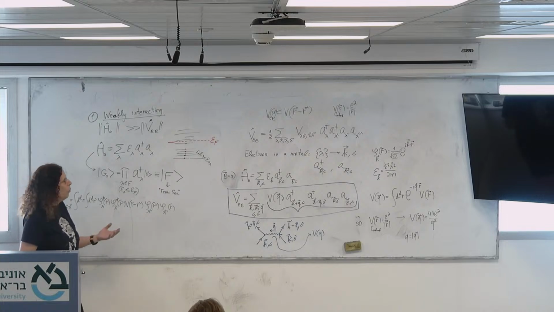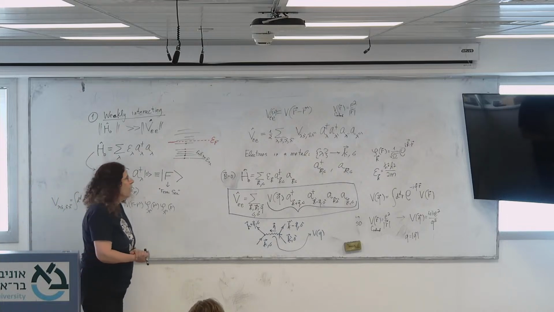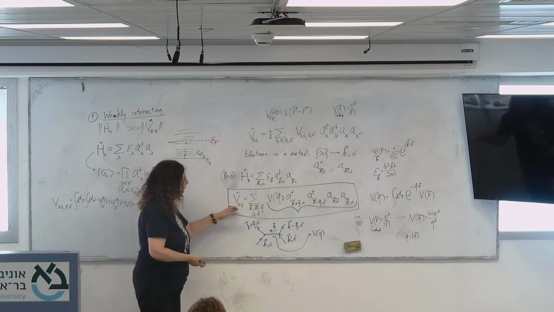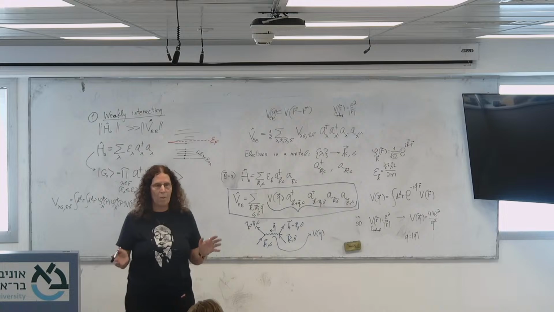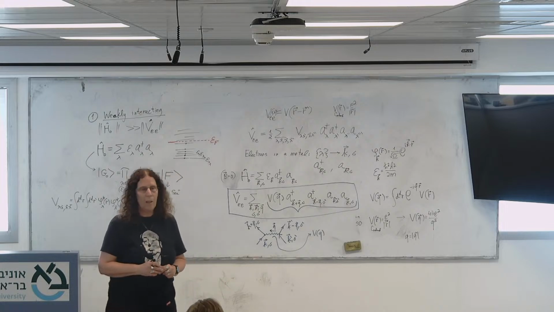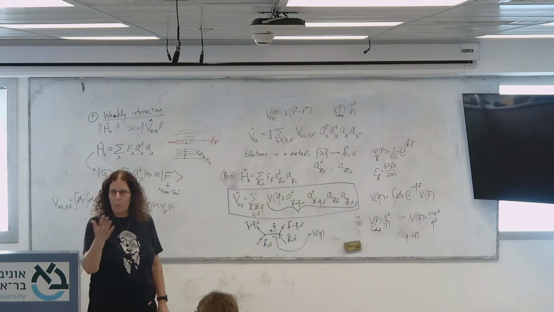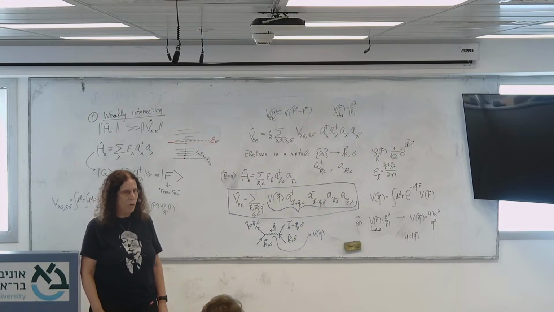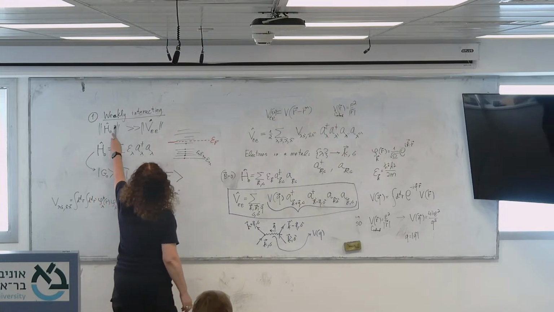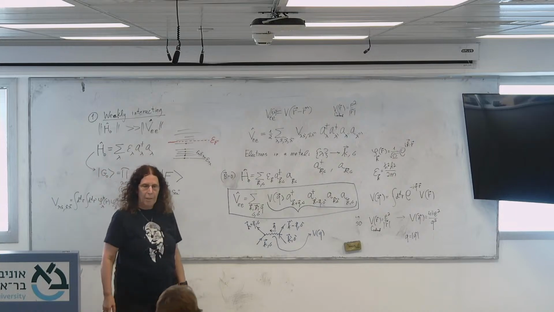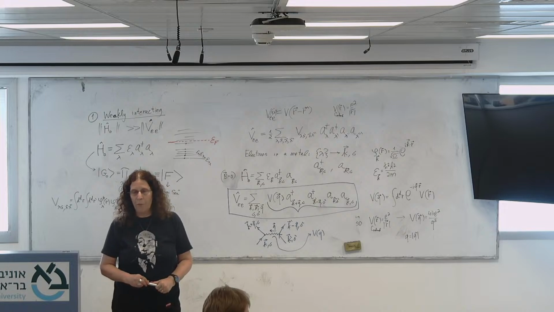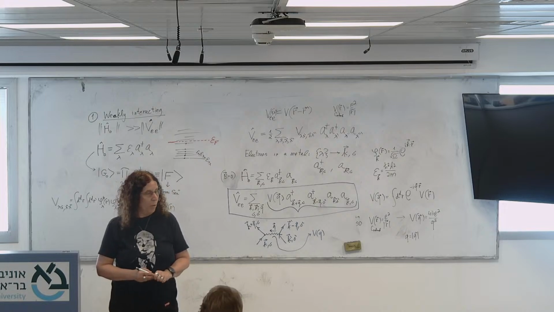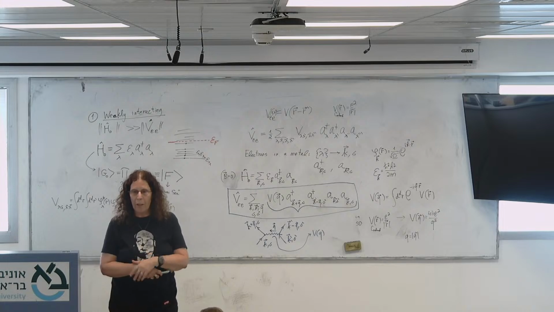And what we would like to be able to do next is to say, okay, when I add the interaction, I can no longer solve the Schrödinger equation because the problem is not solvable exactly. So what can I do? Perturbation theory, let's say. Because we are at the limit of weakly interacting. What do you do in perturbation theory? One of the first things you do is to look for the correction to the energy, right? You remember what you do?